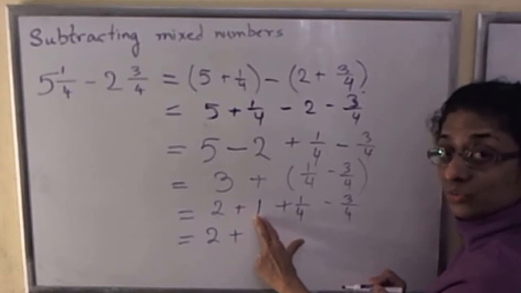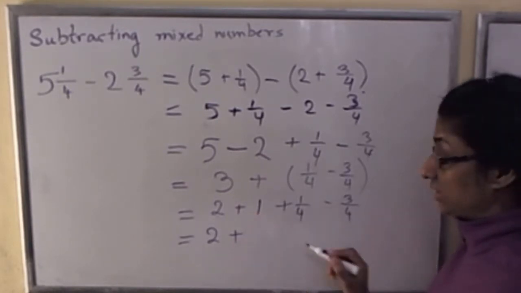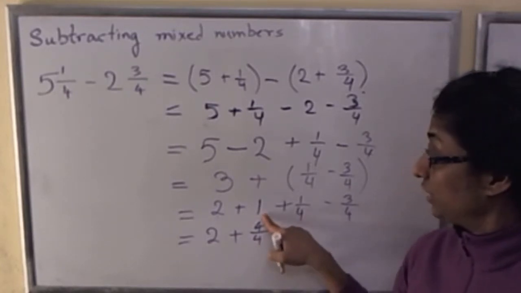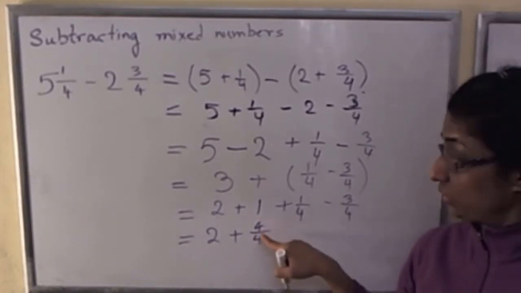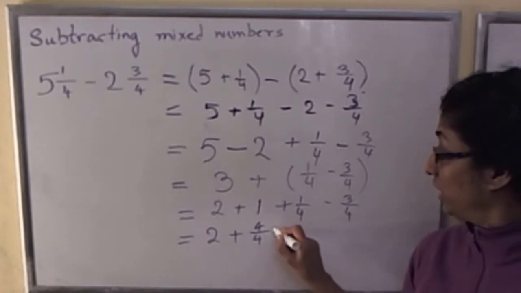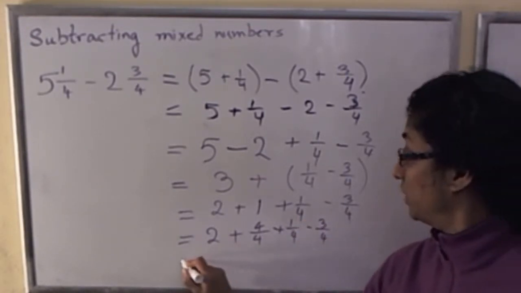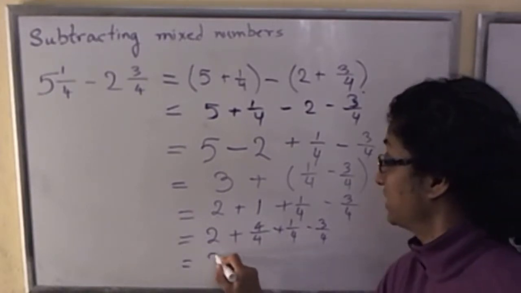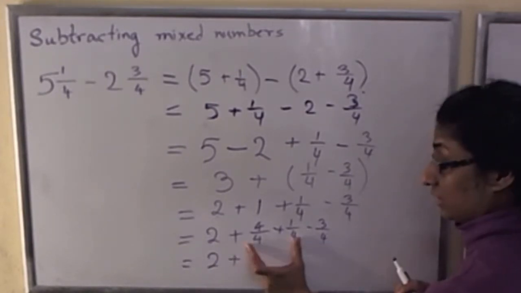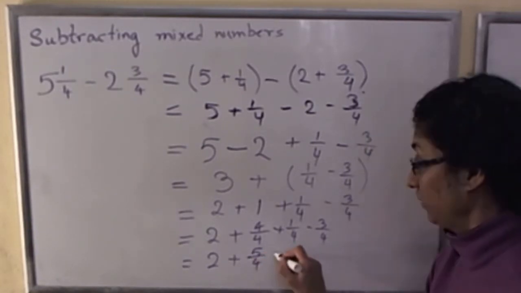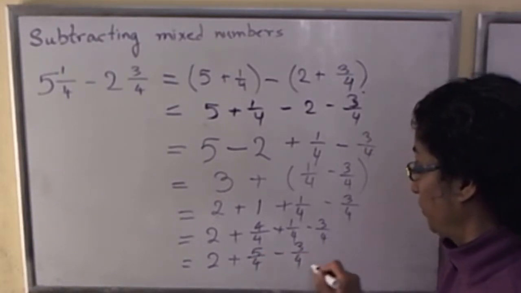That 1 I can rewrite or trade it for fourths, and I can think of that segment of length 1 as really 4 copies of 1/4. And why do I do that? Because originally, so let's write this down and combine these two numbers and write 5/4 and take off a segment of length 4.